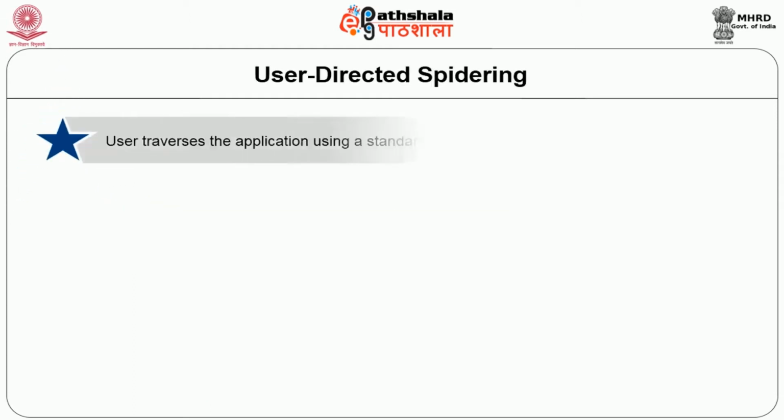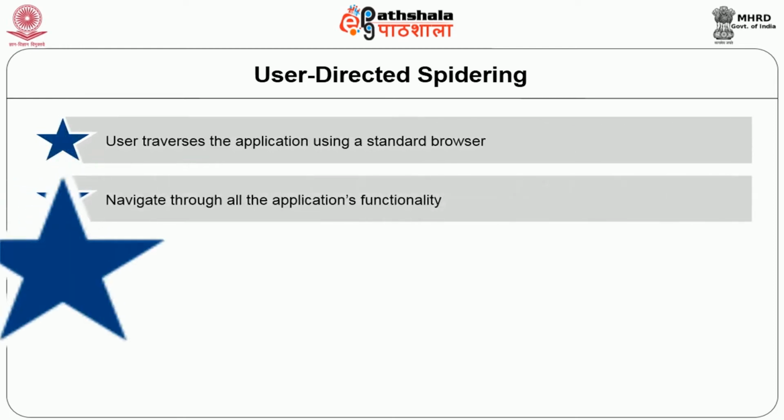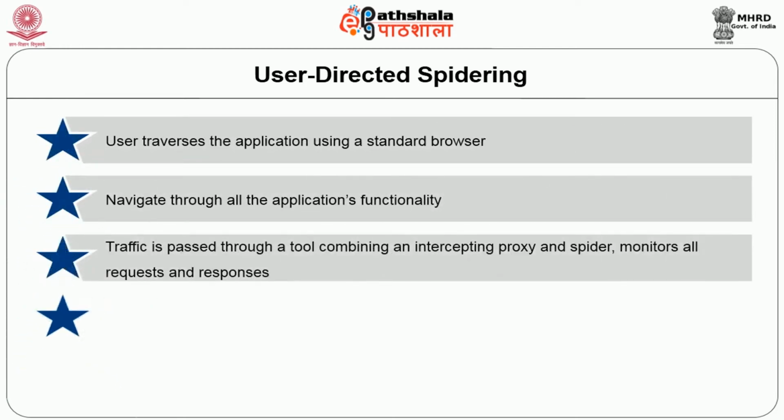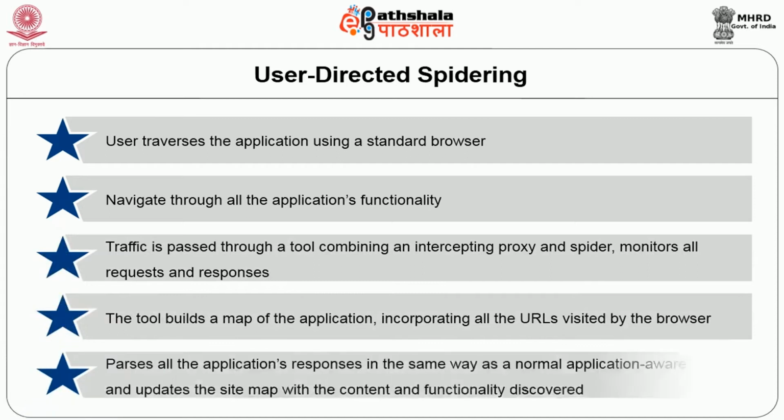Next is user-directed spidering, in which the user walks through the application in the normal way using a standard browser. The user is trying to navigate through all the application's functionality. The resulting traffic is passed through a tool combining an intercepting proxy and spider, which monitors all requests and responses.